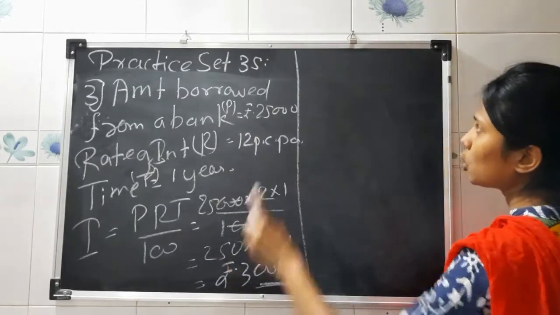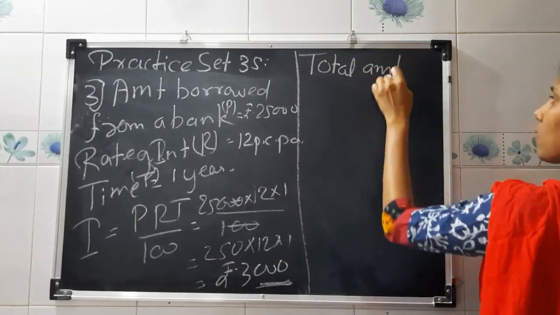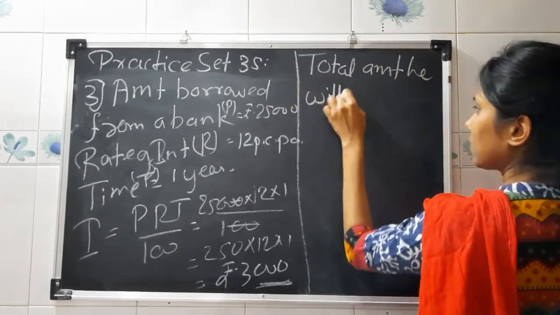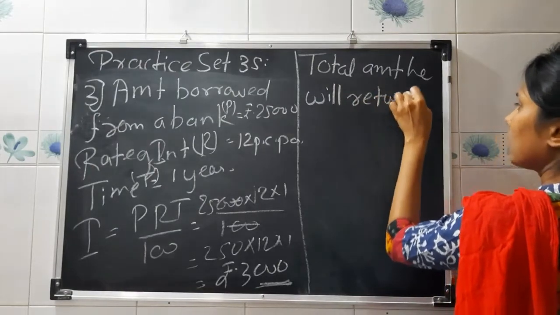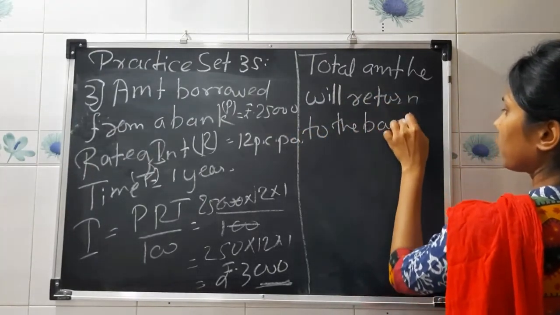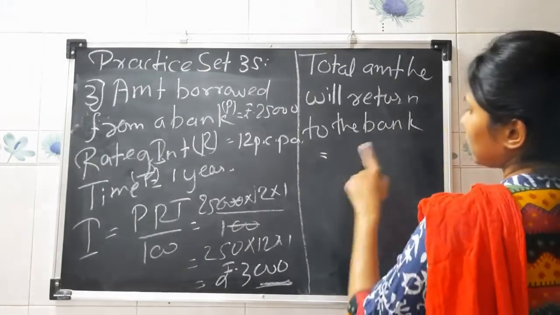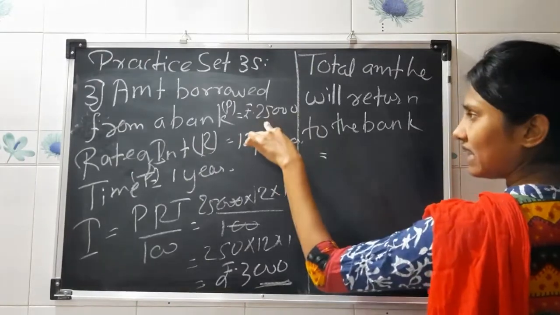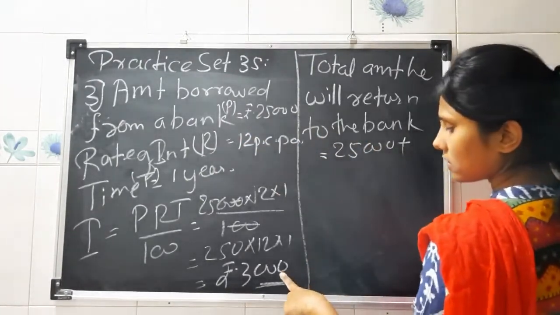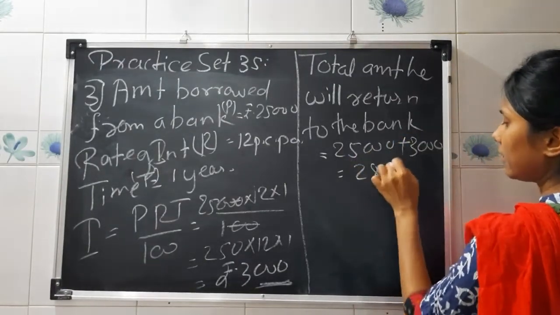Now the total amount he will return to the bank: rupees 25,000 plus this interest, rupees 3,000, 28,000.